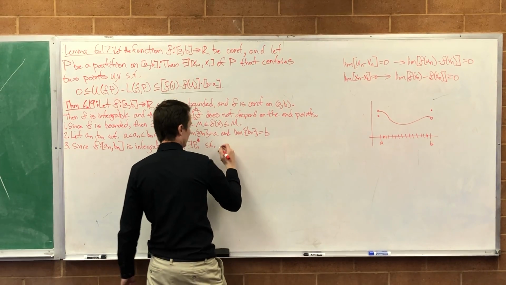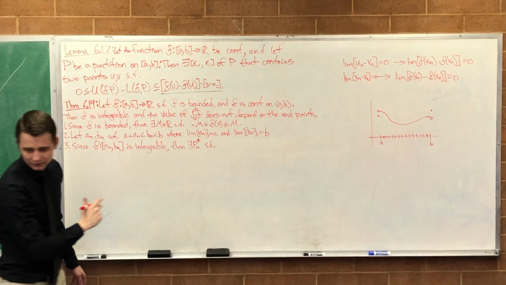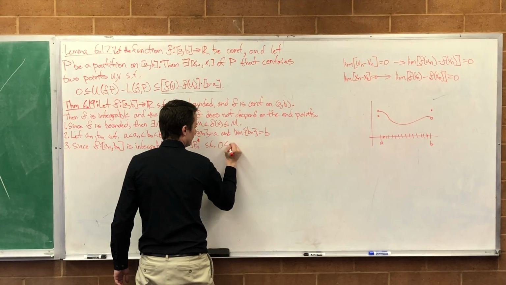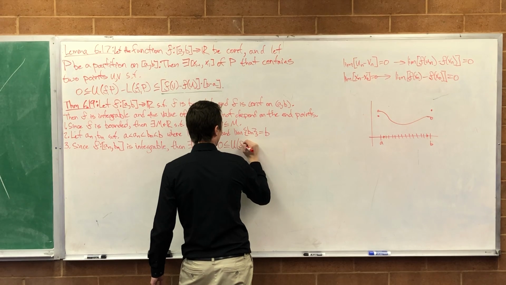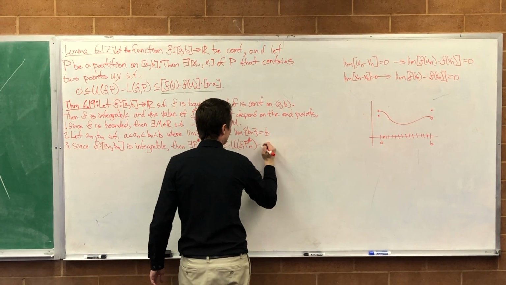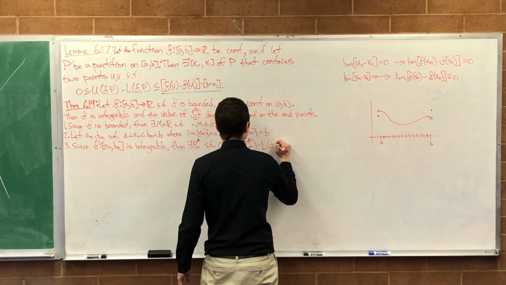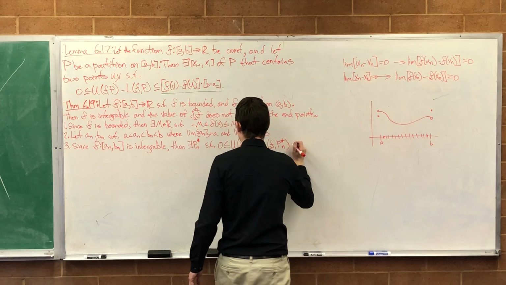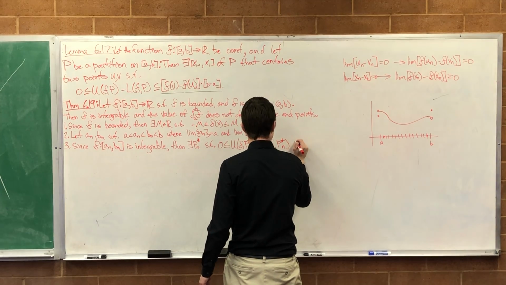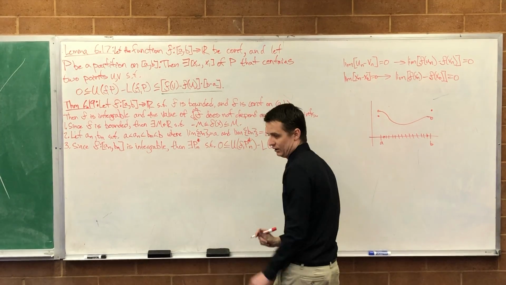What do you think? So he's saying such that 0 is less than or equal to the upper Darboux sum of f with p star n minus the lower Darboux sum of f with p star n, which is less than 1 over n.